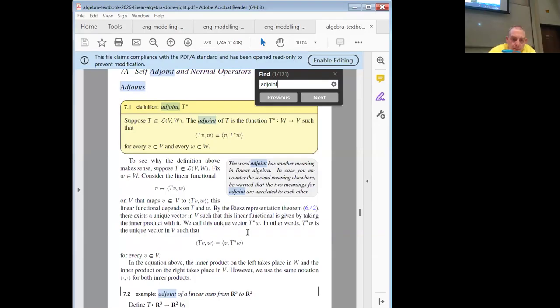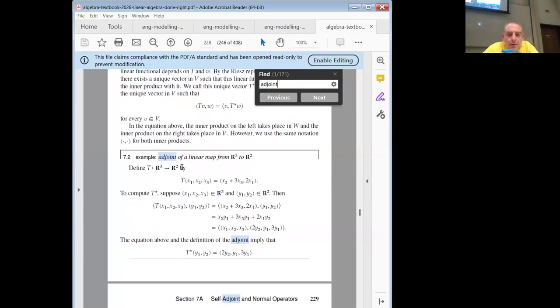No, don't get it. So this is a linear transformation from R3 to R2. So T of this and this, and that's what T is. And then we've expanded out the dot product, and then we've kept those ones.